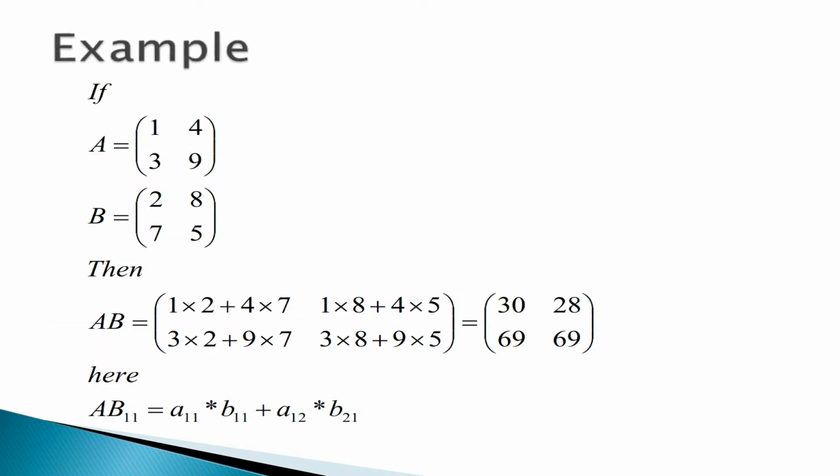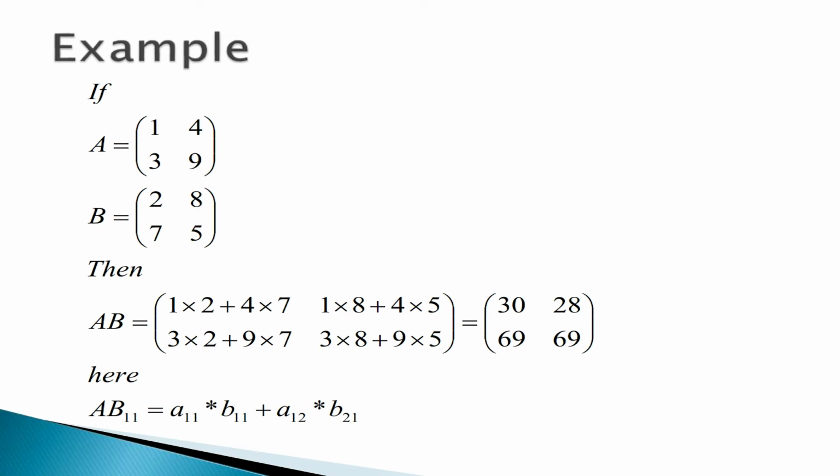Here is an example. Suppose A is the matrix 1 4 3 9 and B is the matrix 2 8 7 5. Then A cross B: the first row of A is 1 4, so we multiply with 2 7, that is 1 into 2 plus 4 into 7. Similarly, 1 4 with 8 5, that becomes 1 into 8 plus 4 into 5.